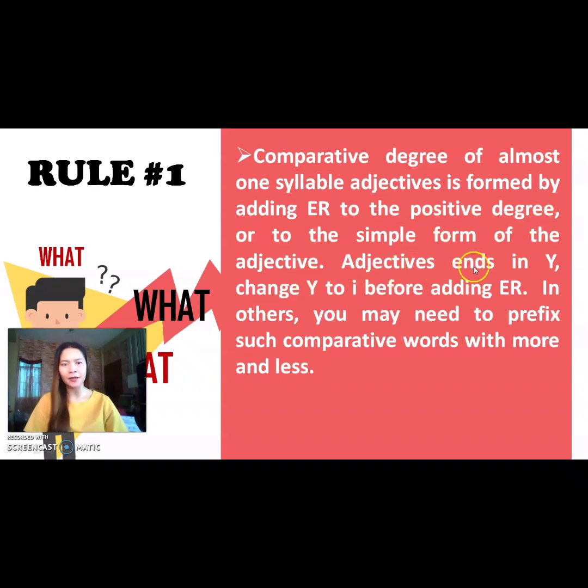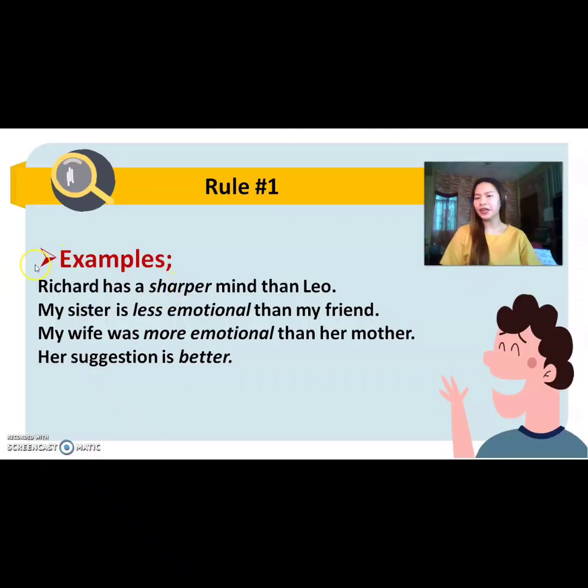Adjectives that end in y, change y to i before adding er. In others, you may need to prefix such comparative words with more and less. And let's proceed to the examples of rule number 1.